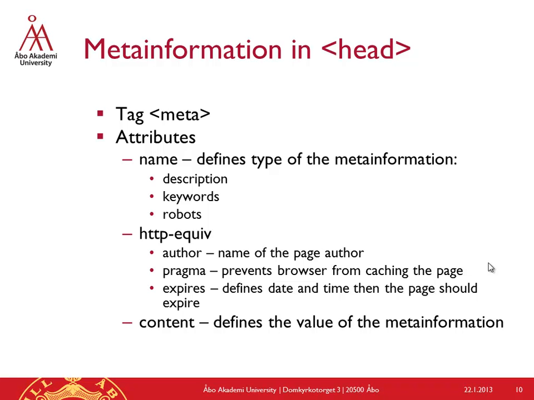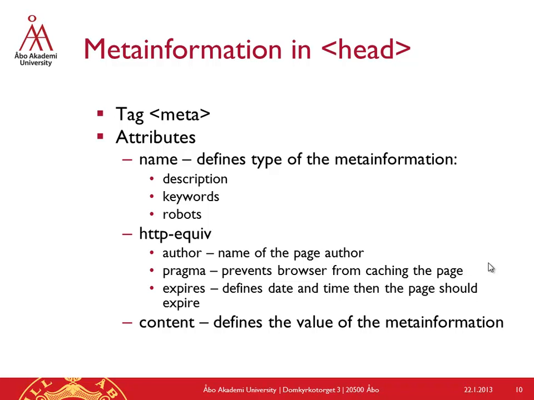The keywords is another information you can provide for your document, but Google does not use it, so it's used more rarely than the description. Another sort of information is robots, and you can provide some information about, for example, how often this page should be crawled by the search engine, or does it need to be crawled at all?